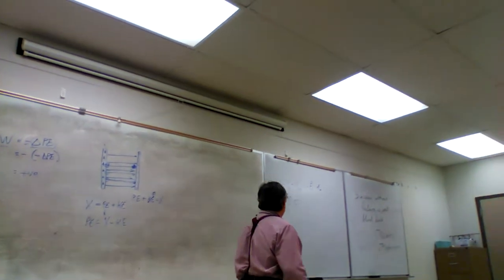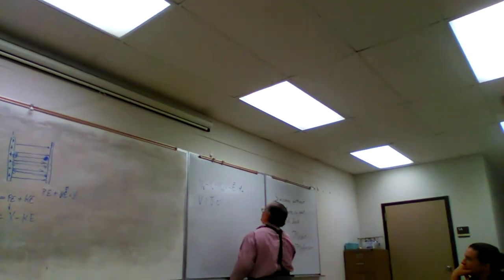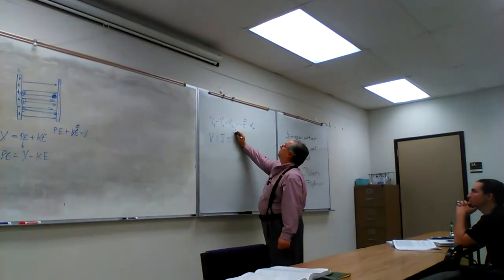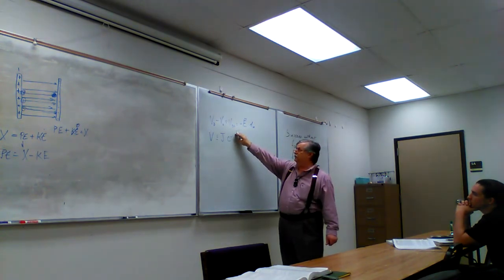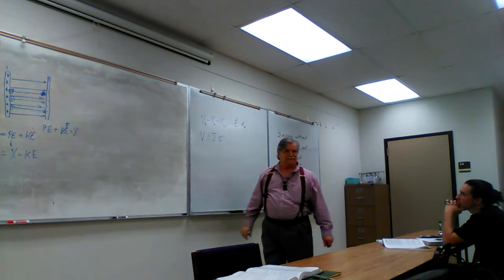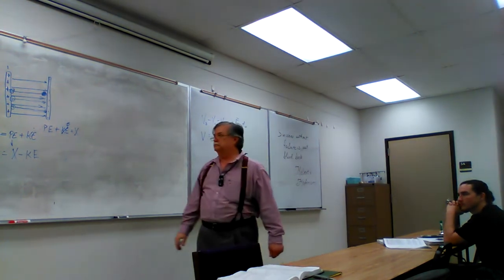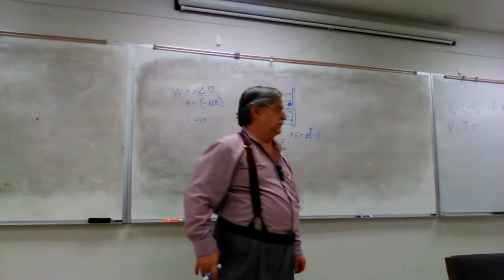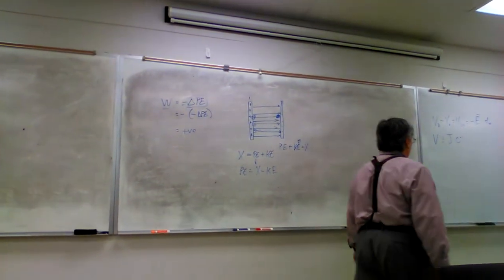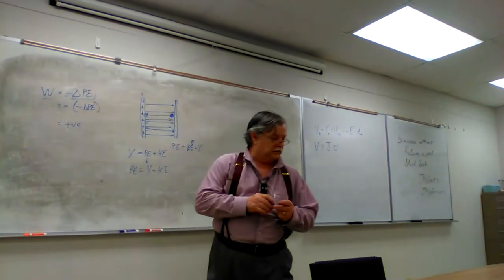Remember that we talked about potential as force, the change in potential as the negative of the work, negative of the force times the distance. What you're going to find is, where's it in the book here?